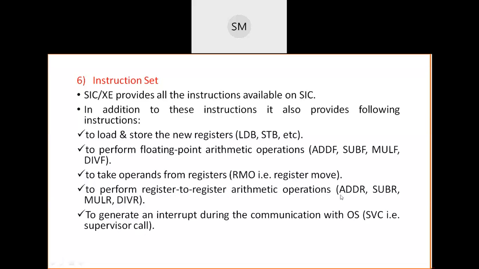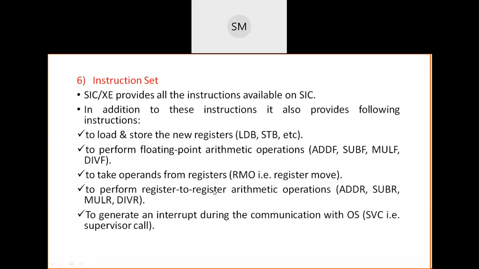So again, they are ADDR, SUBR, MULR, and DIVR. What does it mean? It means that 2 registers are there. It may be S and A. In the S register some integer value is there, and in A also some integer value is there, or you can take some other registers here. And if you want to add the contents of those 2 registers, or subtract, or multiply, or divide the contents of these 2 registers, then that instruction is called register to register.